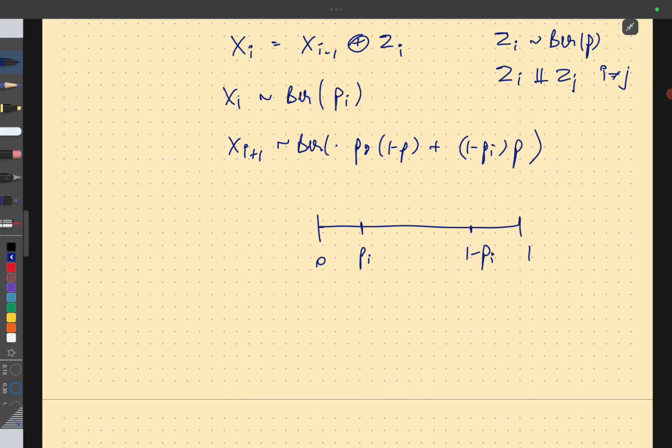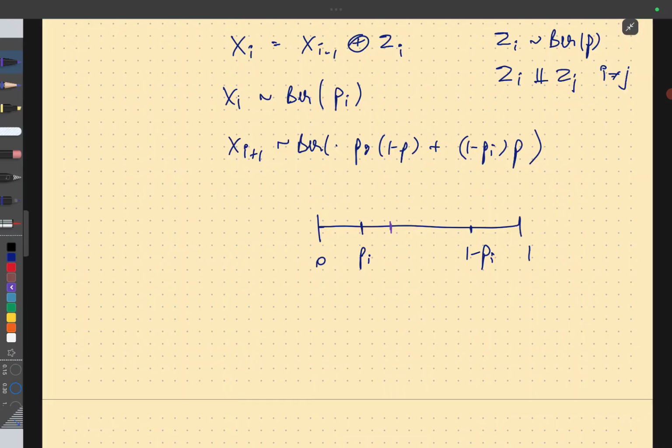For any p strictly between 0 and 1, pi times 1 minus p plus 1 minus pi times p is a convex combination of these two, and it will lie strictly between pi and 1 minus pi. So my pi plus 1 is going to lie somewhere strictly between pi and 1 minus pi.